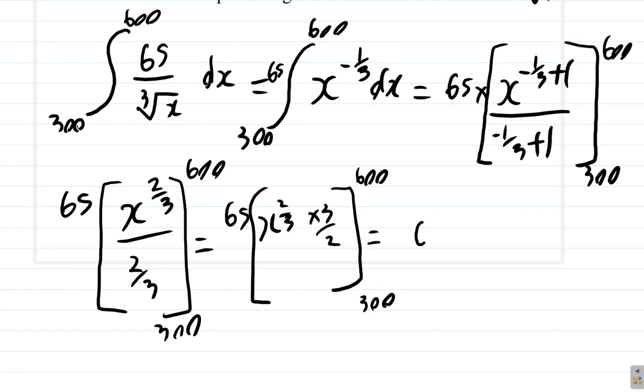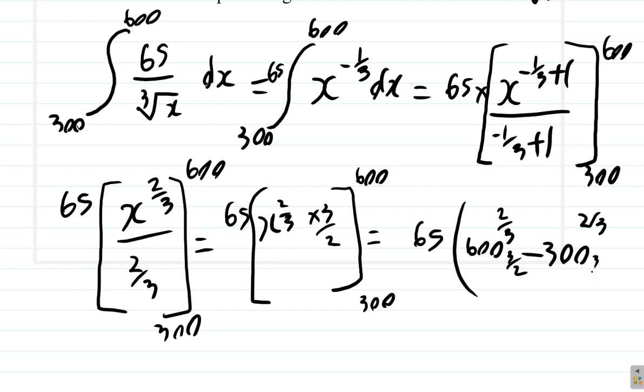So this now is 65 times 600 to the 2/3 minus 300 to the 2/3, and they're multiplying by 3 over 2.